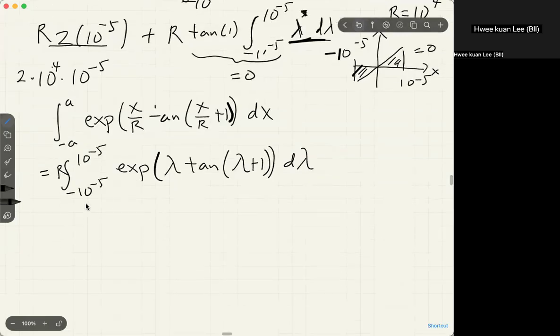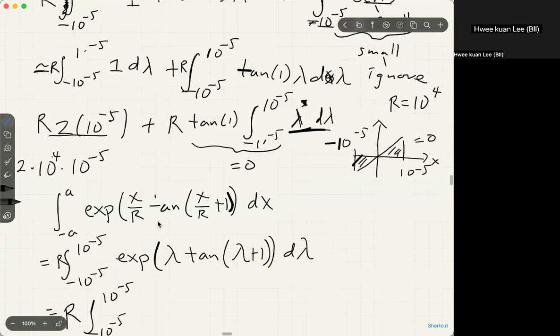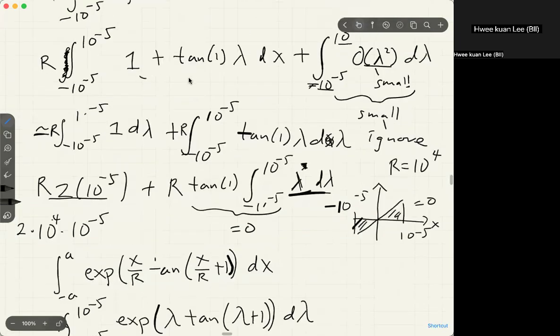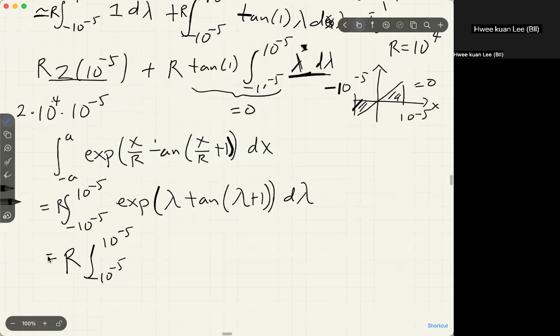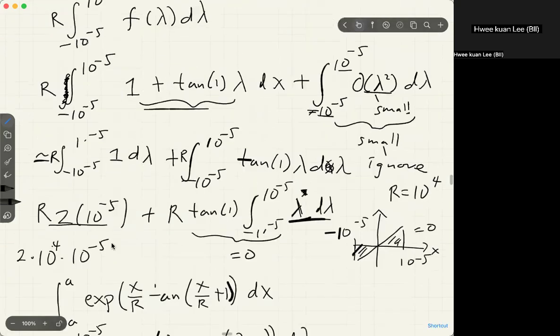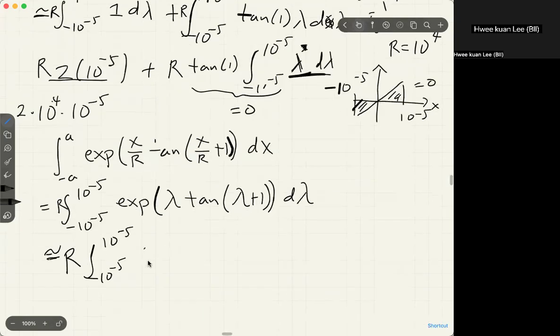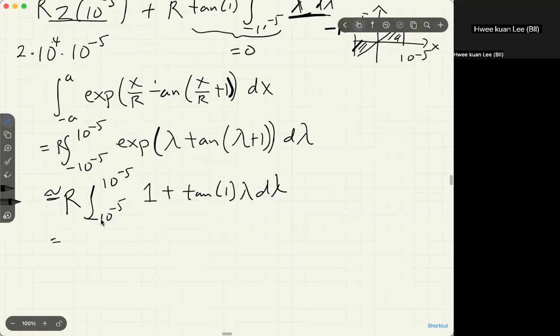And then we do approximation here, right? Where's the approximation? It's this one: 1 plus tangent 1.